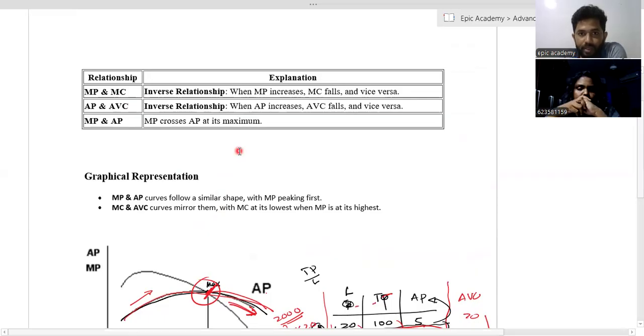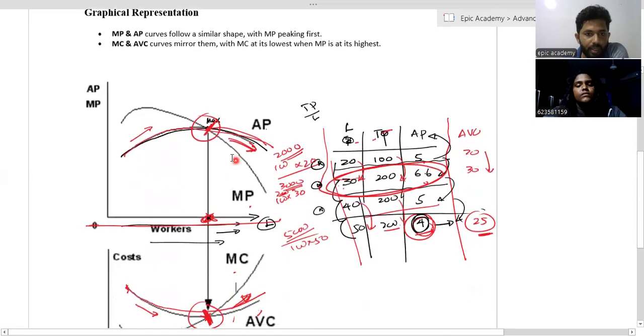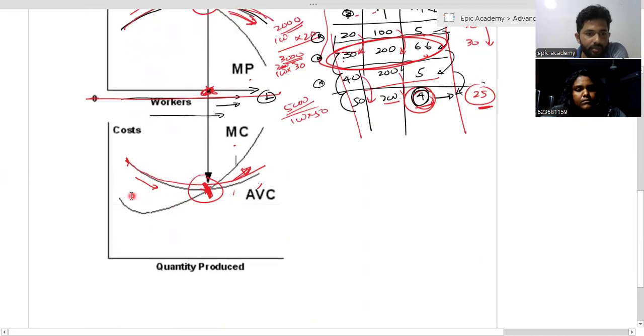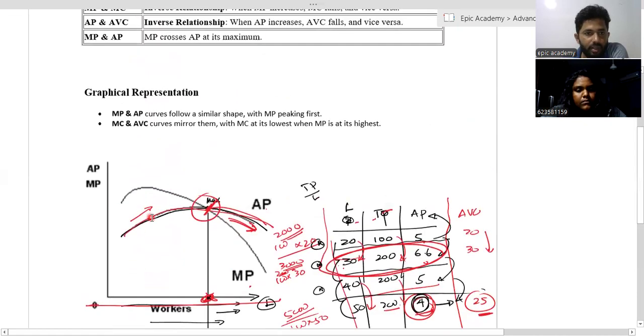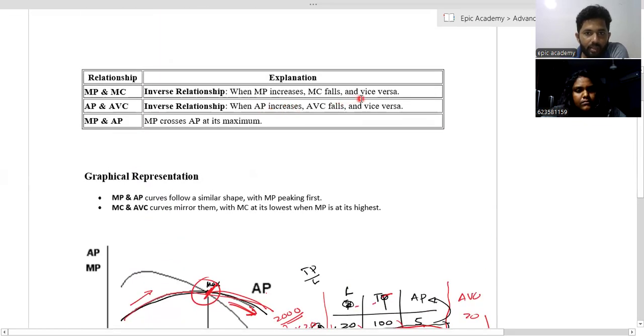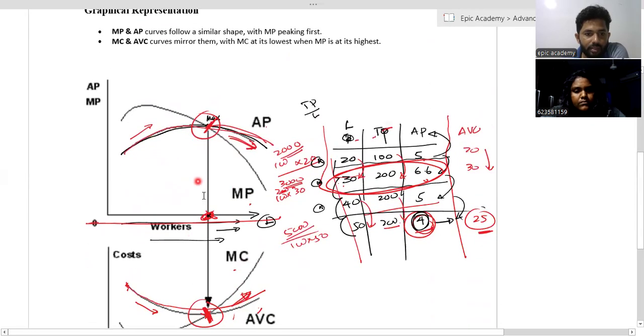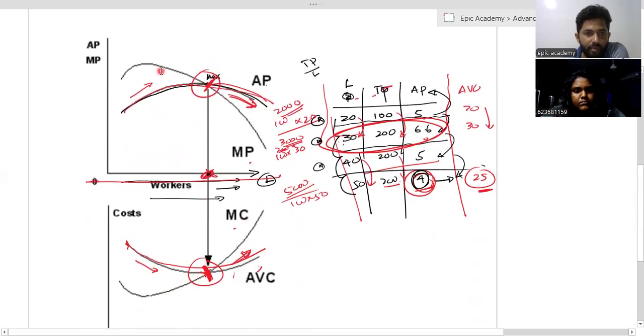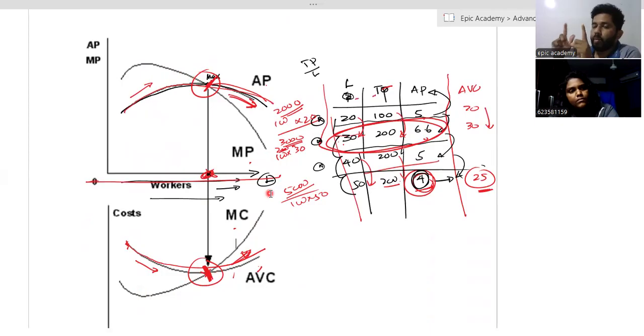When MP increases, MC falls. Yes. MP increases, then MC falls. And something similar happens when MC again falls, MP tries to increase. Inverse relationship, negative relationship. No, it is not a plus relationship or a parallel one.